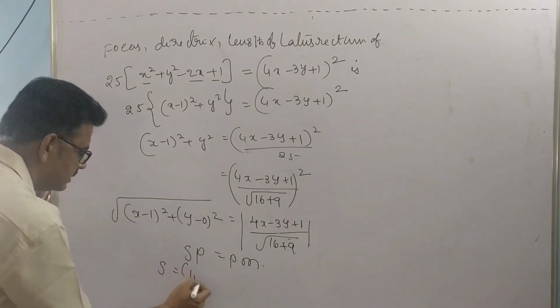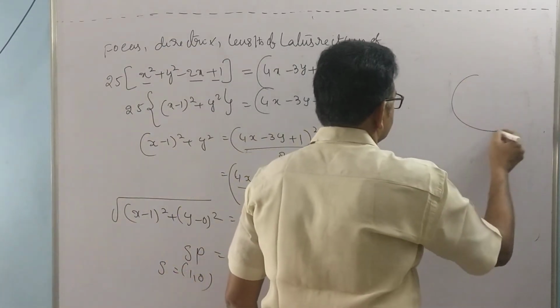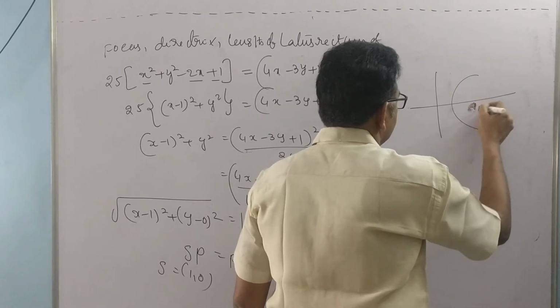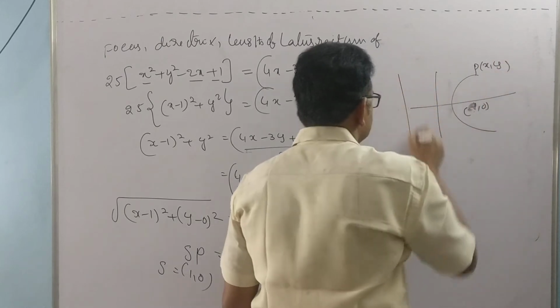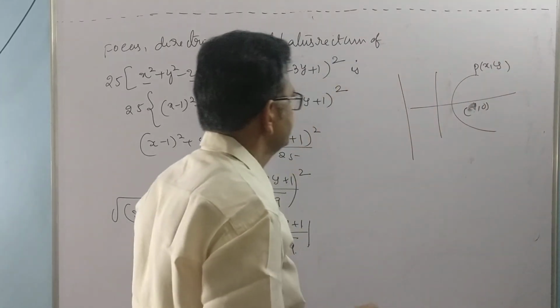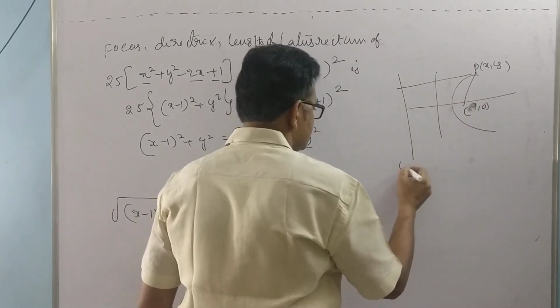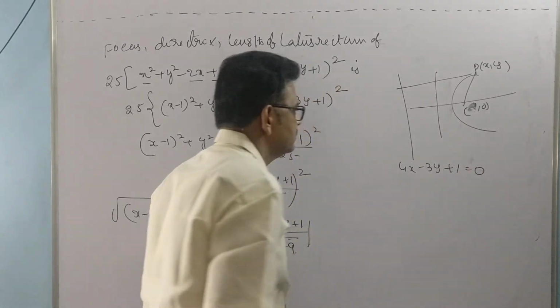S is 1, 0. So this point is 1, 0, this point is P(x, y), and this is some directrix. The directrix is 4x minus 3y plus 1 equal to 0.